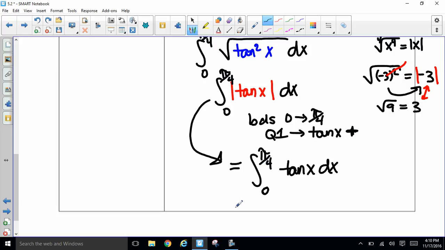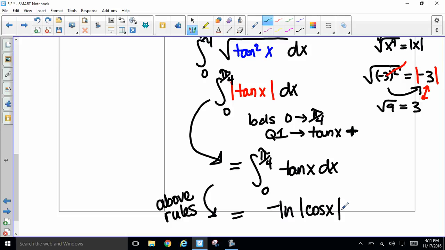So I'm just going to look from my above rules and say, hey, I can integrate tangent and get negative natural log absolute value of cosine of x. For me, I usually do u-sub on tangent and cotangent. It's just one less thing to remember. But if you want to memorize them, you can go straight here.